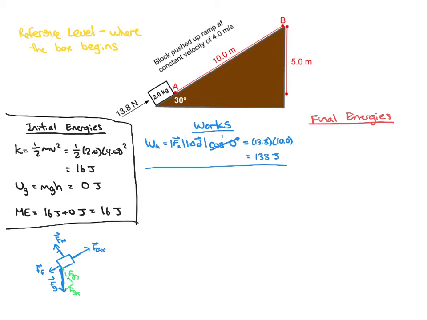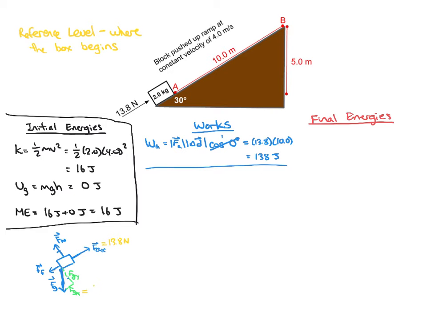So friction's going to be a bit trickier. Going back to the free body diagram, I'm going to fill in some values. So my applied force is 13.8 newtons. How many newtons is my friction? Well, to do that, I actually first need to calculate my FGX, see how many newtons is pointing down the ramp due to gravity.